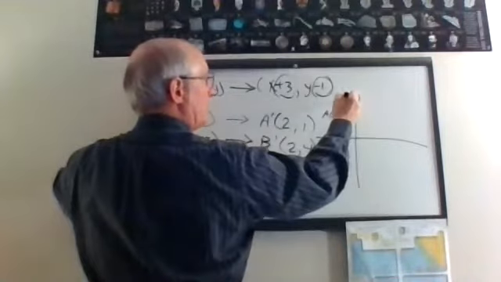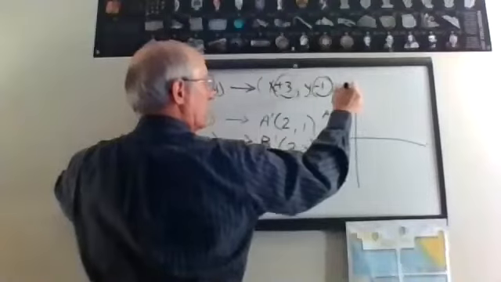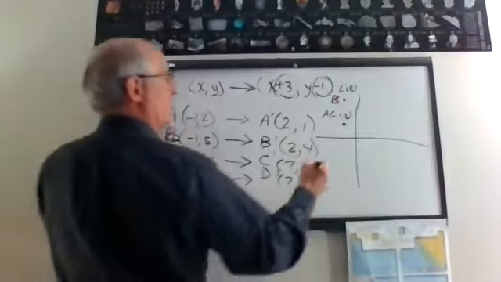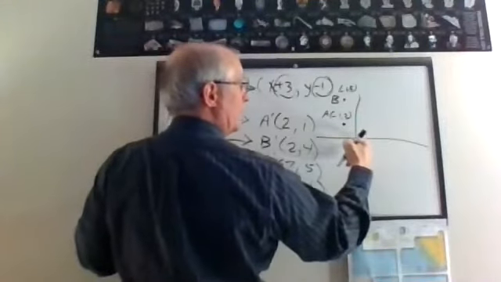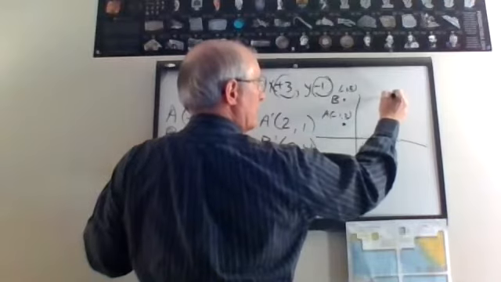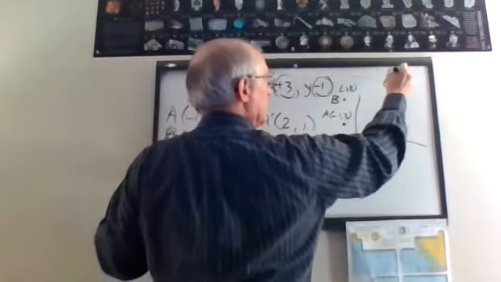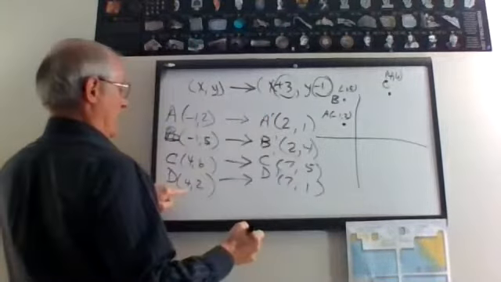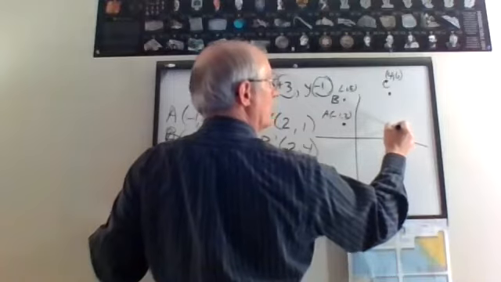That's point B. C is over 4, up 6. If that's back 1, then this 4 would be over to here, up 6. Point C. And over 4, up 2.